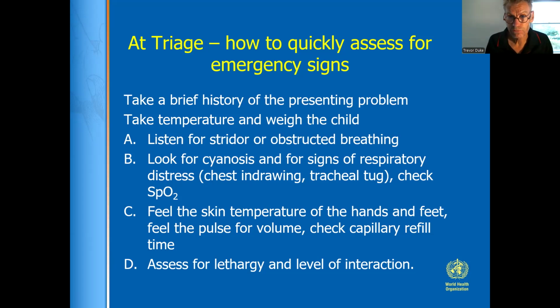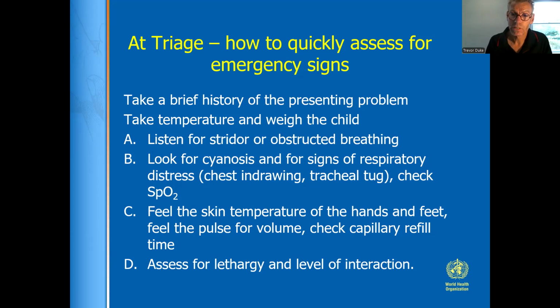And then D for disability or conscious level, assess for lethargy and the level of interaction the child has, whether it's age appropriate or not, whether they seem more lethargic than normal, whether they're conscious or unconscious, etc. And you can do that using the alert, verbal, painful, unresponsive score, the AVPU score, whether the child's alert, whether they respond to you verbally in an age-appropriate way, whether they respond to painful stimuli, or whether they're totally unresponsive.